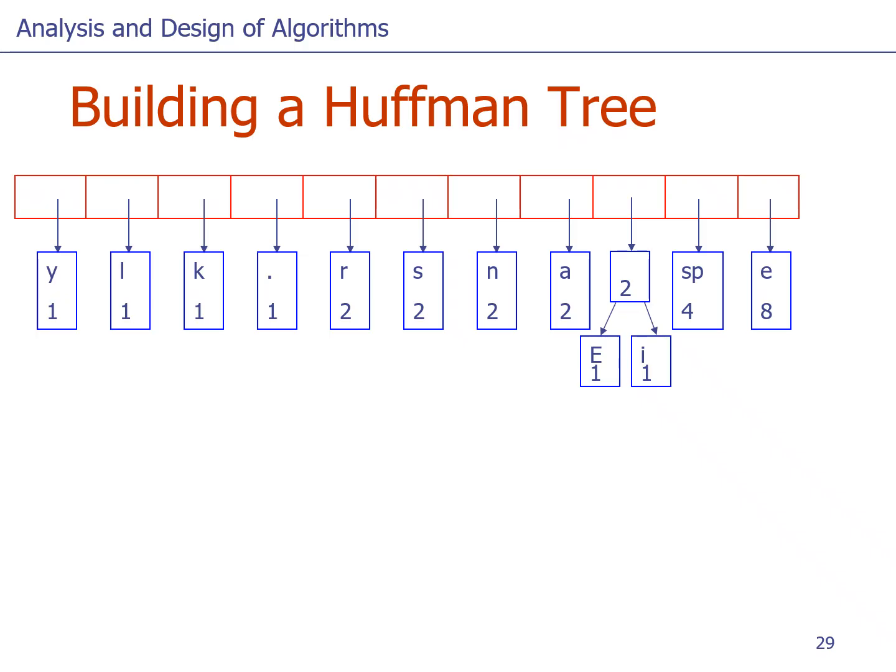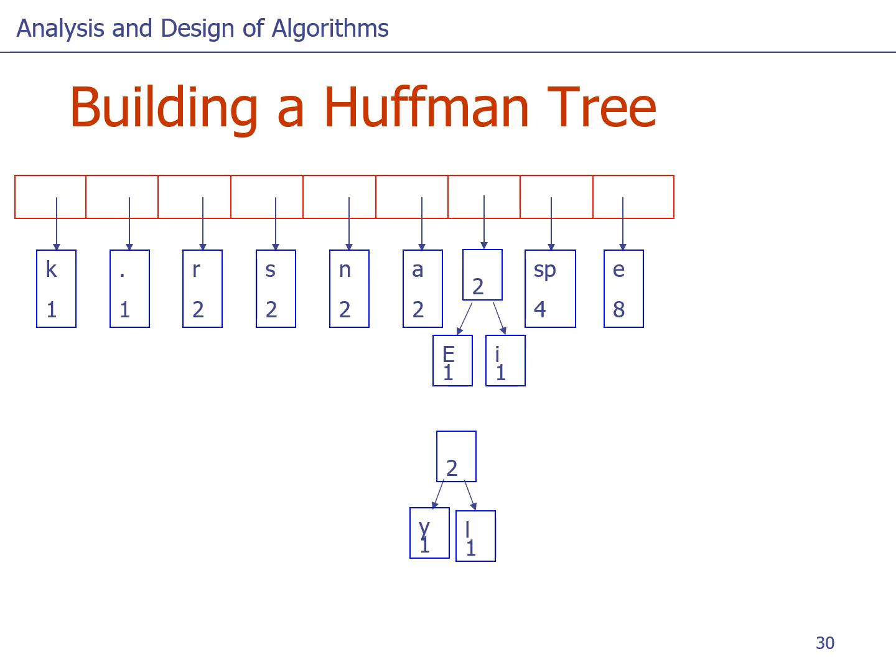So let's do that. I dequeued small y and L, and I created a parent for them, and in the parent I insert the sum of the frequencies, so it's 2, and then I'm going to go back and enqueue it in the priority queue.